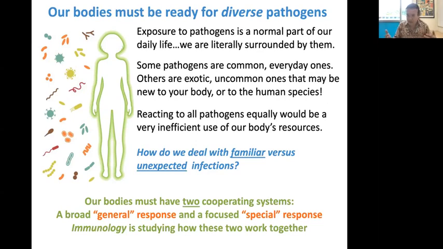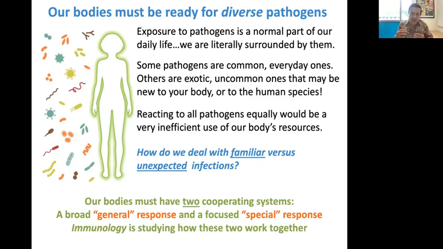I mean, we've dealt with different variations of coronaviruses, but this particular one that's causing this global pandemic right now that we're all affected by and suffering under is something new to the human species. So the human immune system has to be prepared to deal with both types, common everyday ones and exotic rare ones.